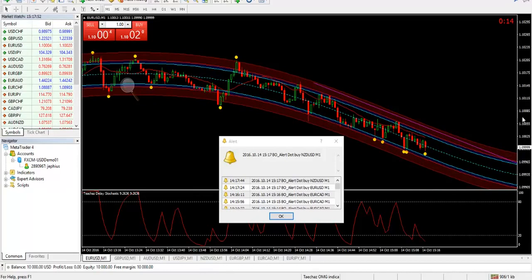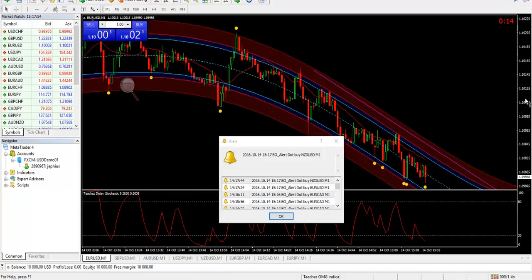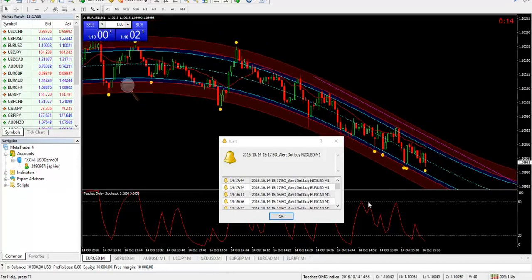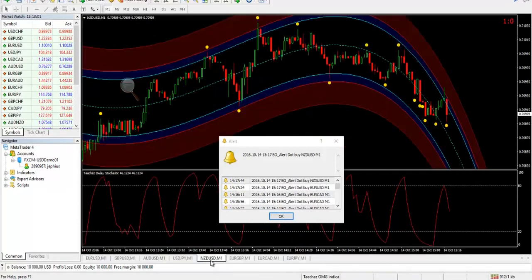So I'll ignore this one. This is how you filter some unnecessary signals. Even here, this is unnecessary also. You can see that it kept on saying it's going to go up, but it went down.